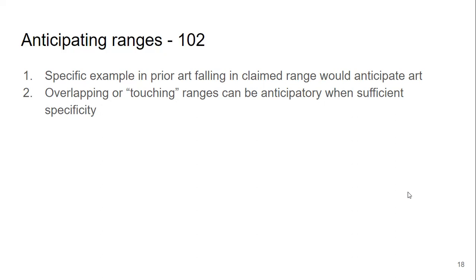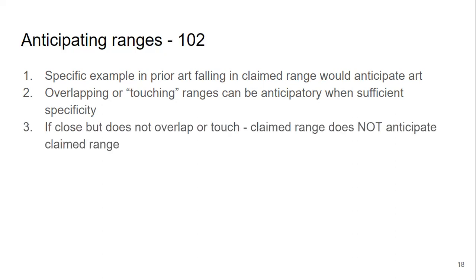So it takes some practice there, but look out for those. Then if they're close, but they do not overlap or touch, the claimed range does not anticipate the reference range.